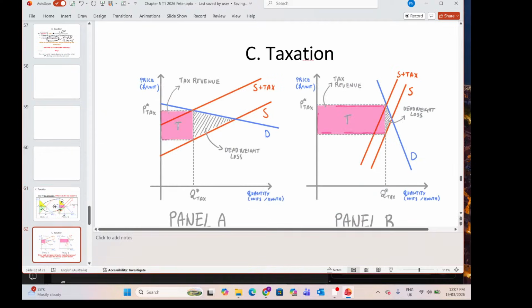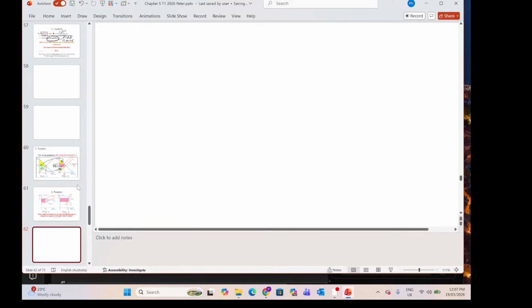However, that is not always the case, because goods vary in their elasticity. So I'm going to just move a few slides down. I'm going to go to a blank slide before I come back to the next slide in the presentation.